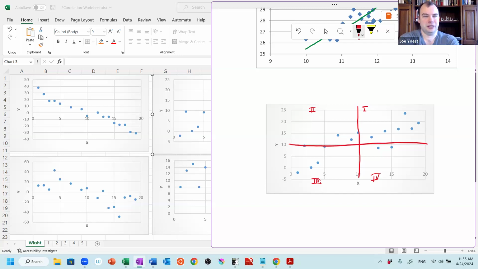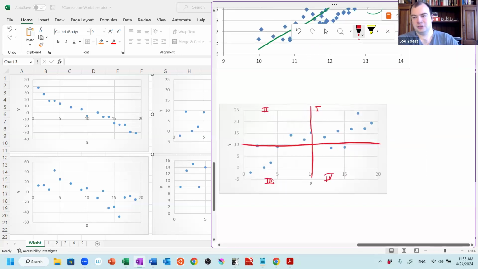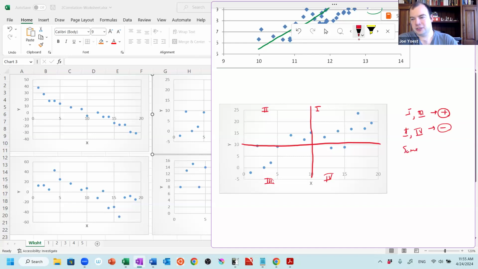That would suggest a correlation near 0. So more in 1 and 3, positive correlation. More in 2 and 4, negative, and about all the same, close to 0.